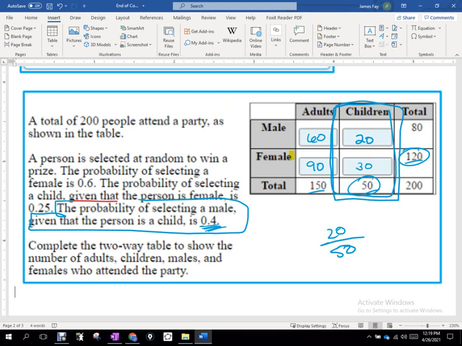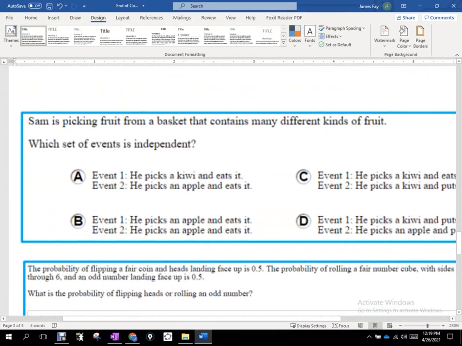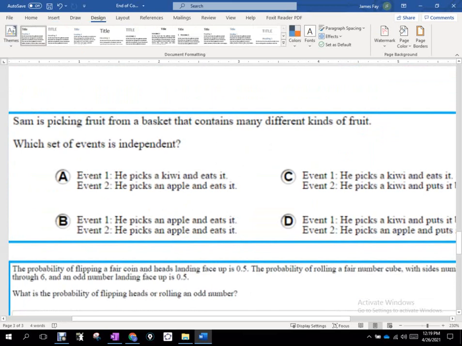So they might ask a tiered question. If you fill in this table, then we're going to ask you something about those values that you had to fill in. Maybe a tier 1 question here. Sam is picking fruit from a basket that contains different kinds of fruit. It says which set of events is independent? Event 1, he picks a kiwi and eats it. Event 2, he picks an apple and eats it.